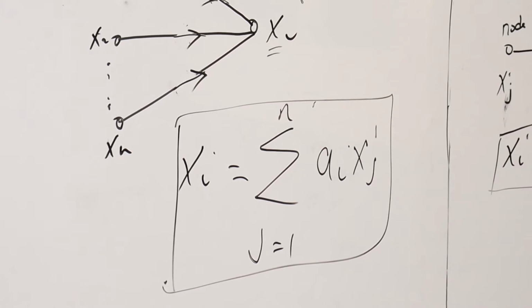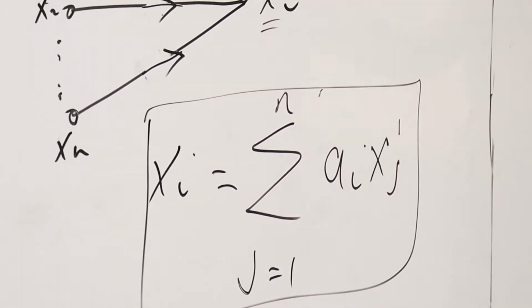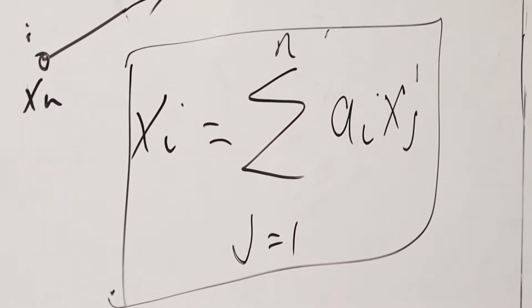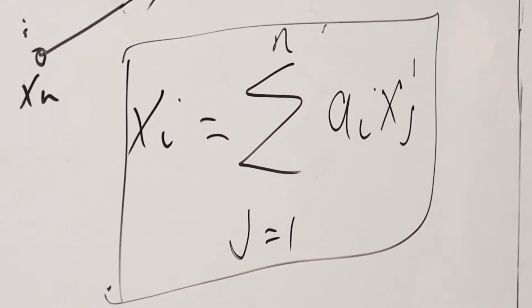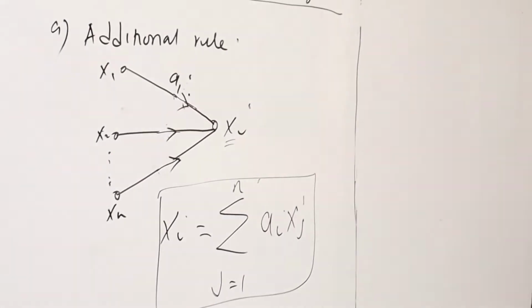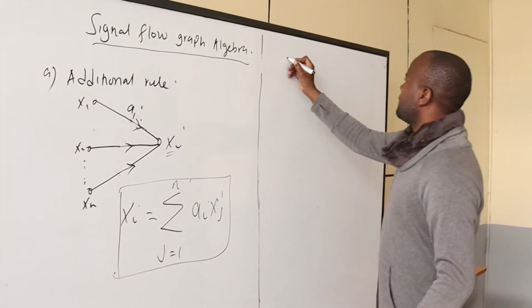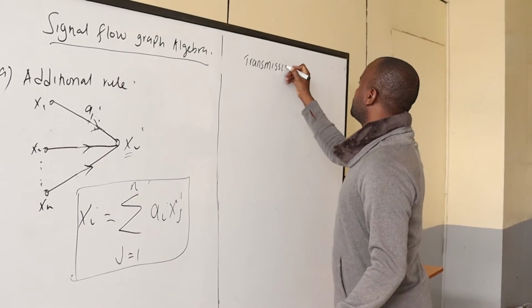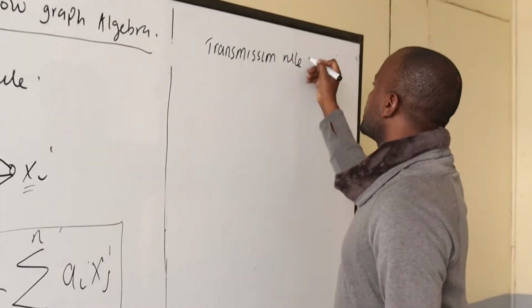So we want to go to the next rule, that is the transmission rule. That is the second rule.